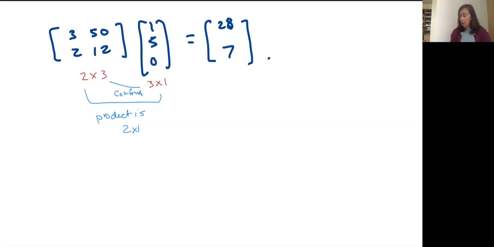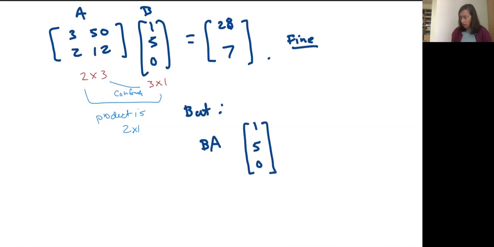Notice, however, this is fine. But remember, this was our A and this was our B. If we look at B times A now, so we put B in front, 150 times 350, 212.